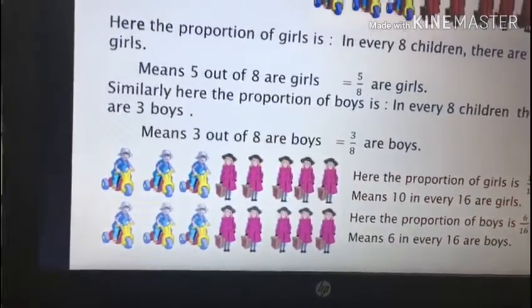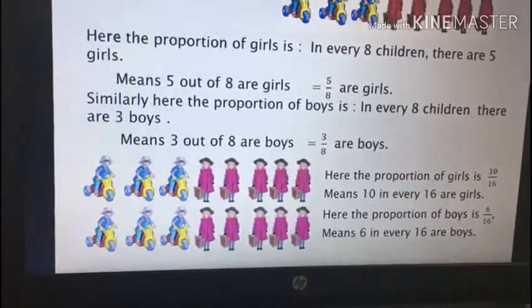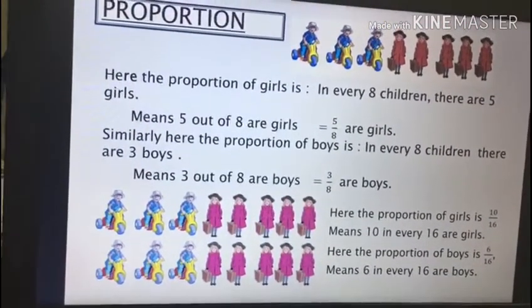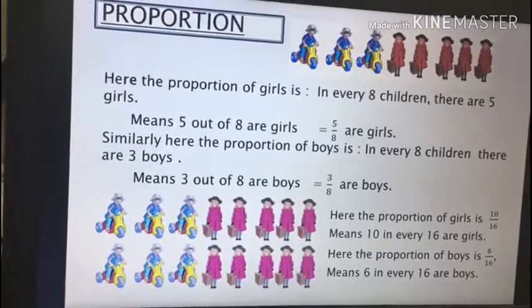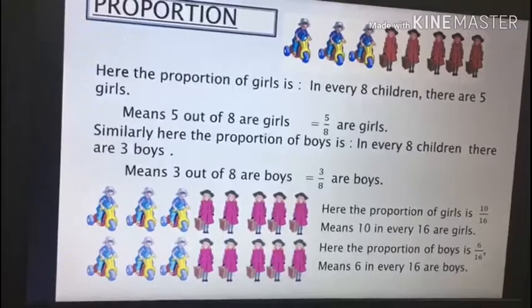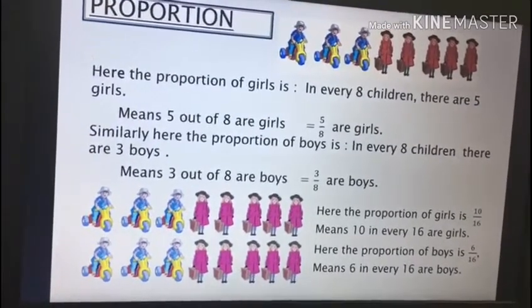Now we will go to proportion. What is proportion? Proportion is also used to compare different quantities. Here you can see the first picture with 3 boys and 5 girls.